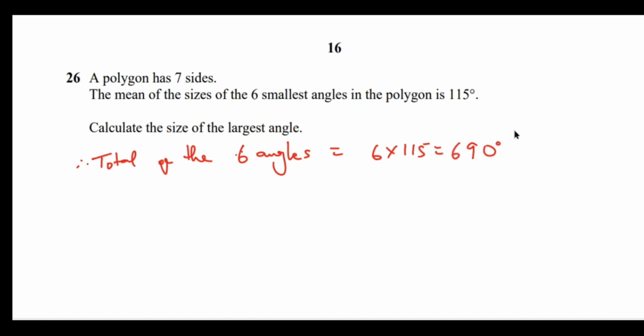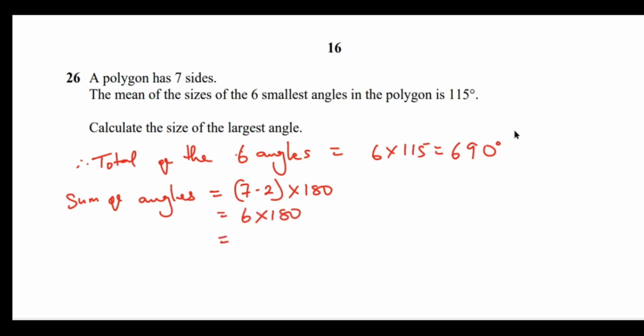So this is the sum of the 6 angles. So we need to find the value of the 7th angle, whereby in a 7-sided polygon, the sum of angles will give you 7 minus 2 times 180. That will give us 5 times 180.